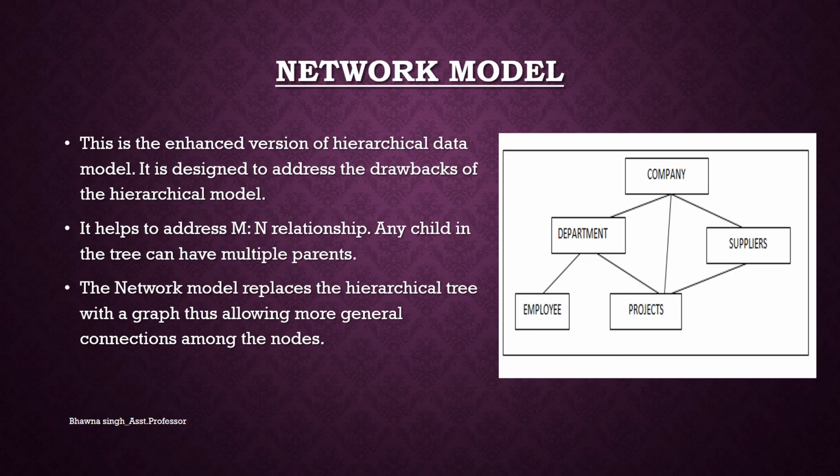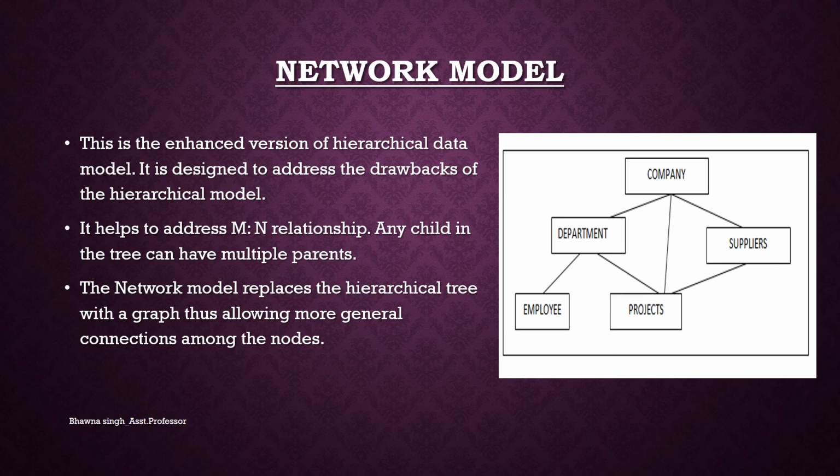As you can see in this diagram, there is a company which has different projects and different departments, and there are many suppliers for the company that give input for the project. Hence the project has multiple parents: it has a department, a supplier, and the company as parent nodes.